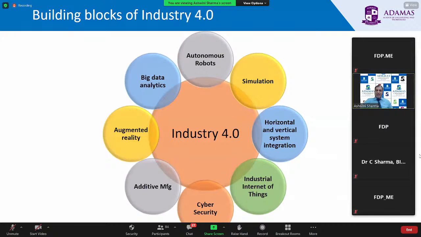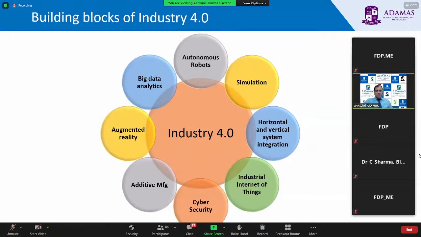And if this plane is connected to the parent organization, that's a fabulous thing, because they might be knowing how the parameters are defaulting in the plane, and then they take corrective action. The data generated by a plane every second is very huge, and for that we need to have the analytics. So this comprises Industry 4.0.